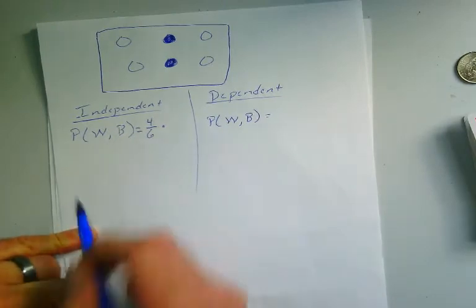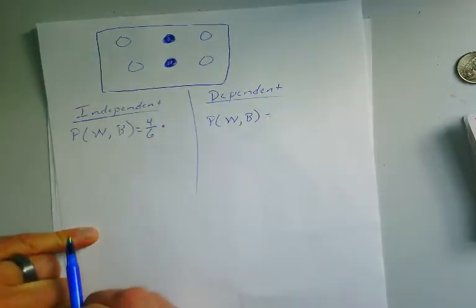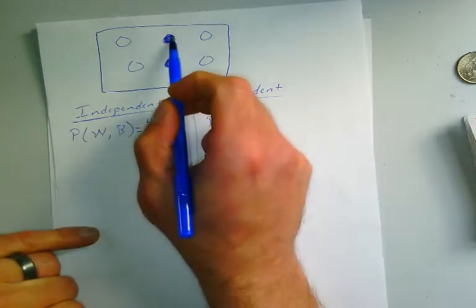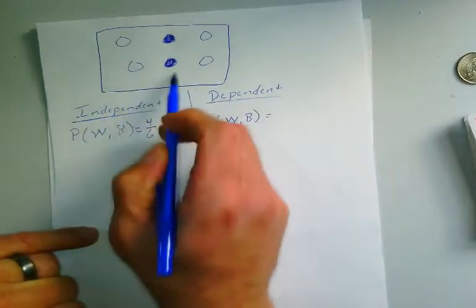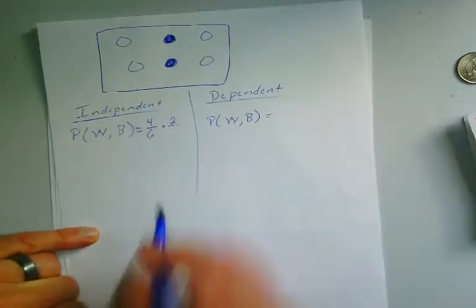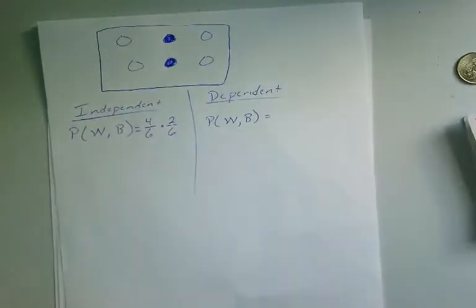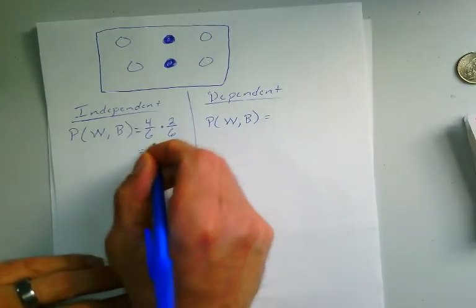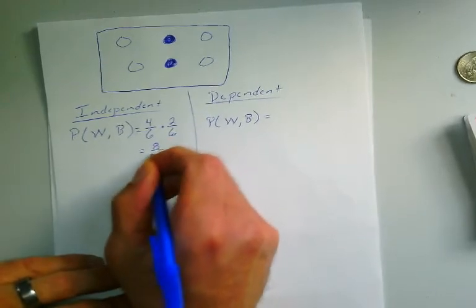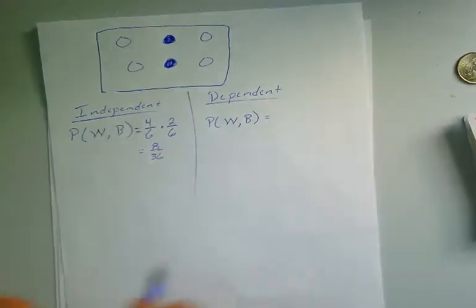Since I put that first marble back, my probability of getting a blue is 2 favorable outcomes over 6 possible outcomes, so 2 out of 6. Now I can just multiply these probabilities together. 4 times 2 is 8, 6 times 6 is 36. So my probability is 8 out of 36.